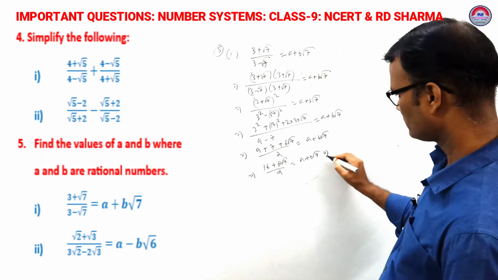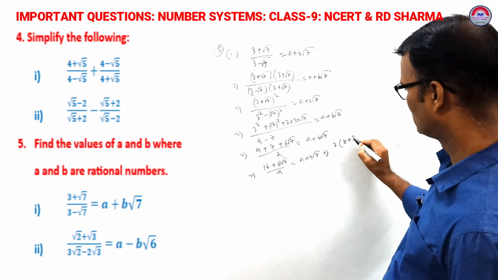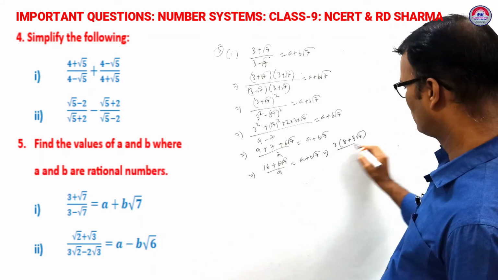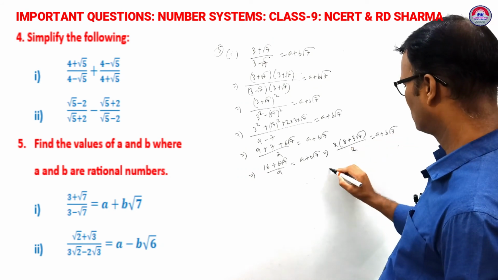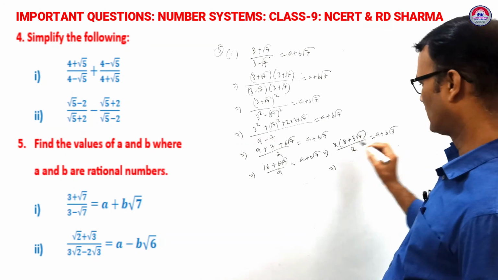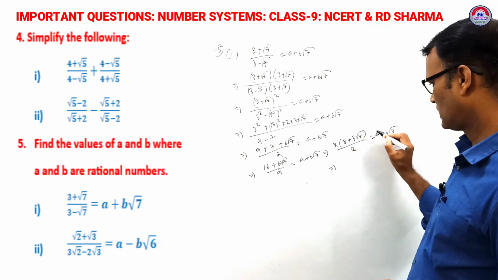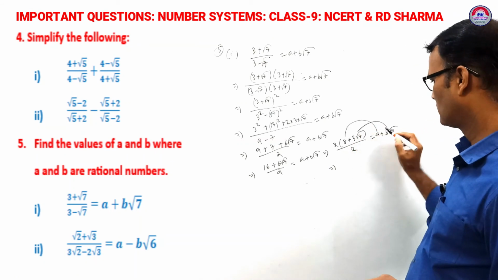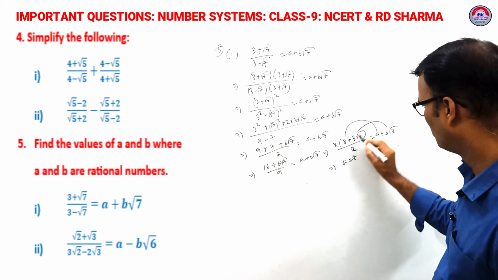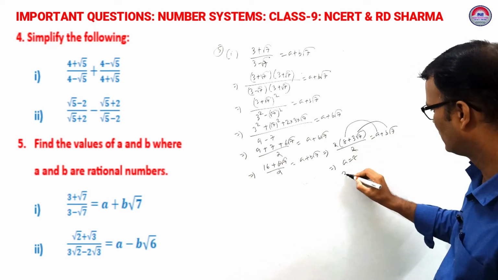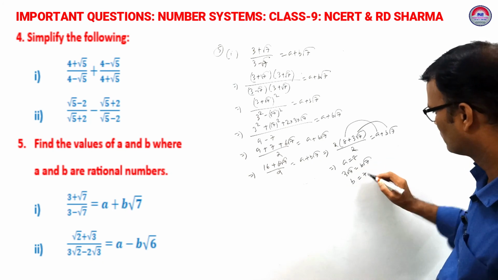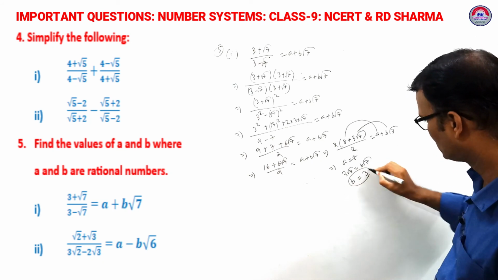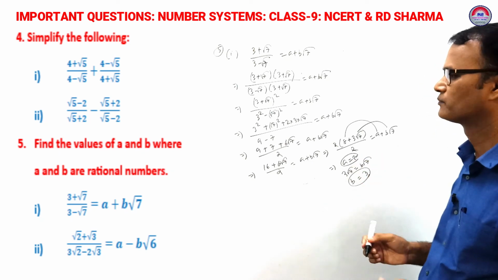Take 2 common: 8 plus 3 root 7 divided by 2. Now 2 cancels. Now compare the left side with the right side, rational with rational, irrational with irrational. So a equal to 8, and 3 root 7 equals b root 7, so b equal to 3. So b is 3, a is 8.